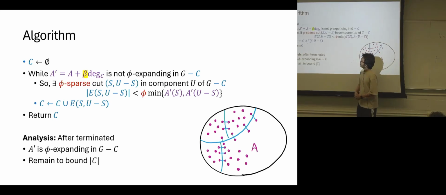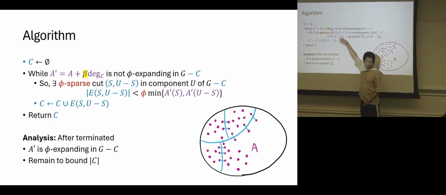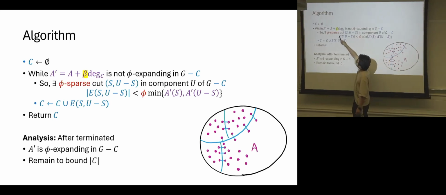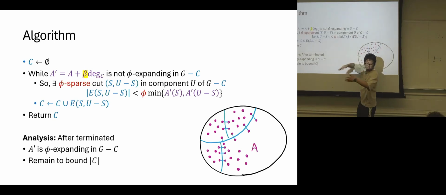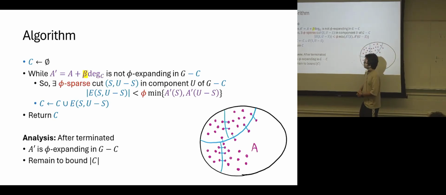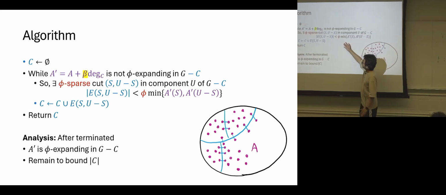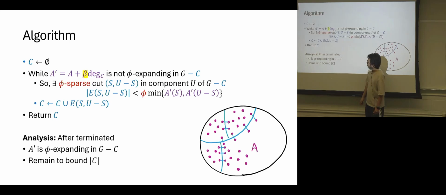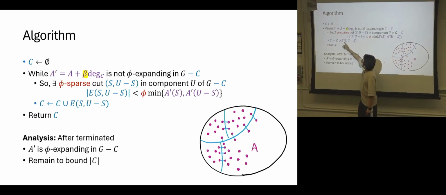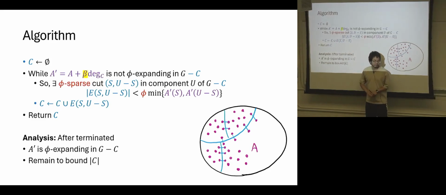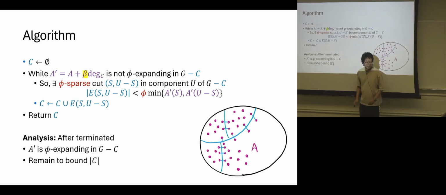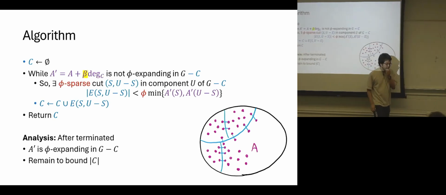If not, find a sparse cut, then cut it, and keep finding sparse cuts until you cannot find one. After that, A prime is expanding in G minus C, which means that A plus beta degree is expanding. So this is clear. The question is how to bound the size of C again.